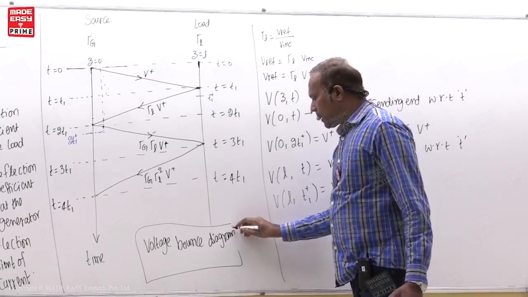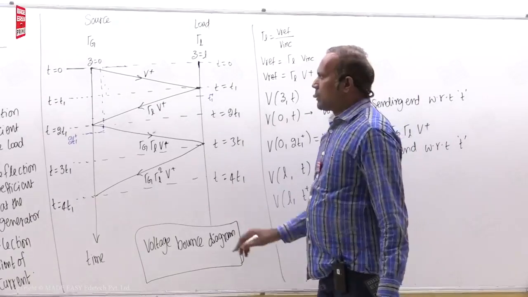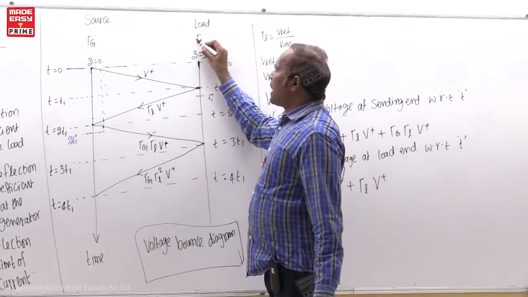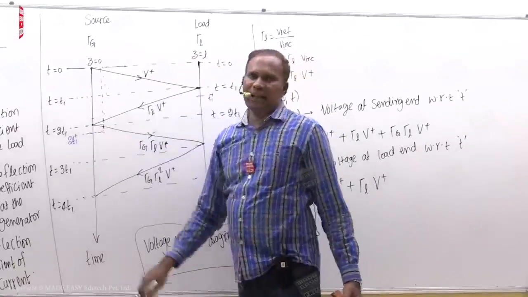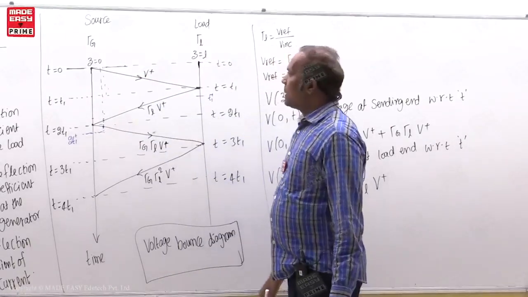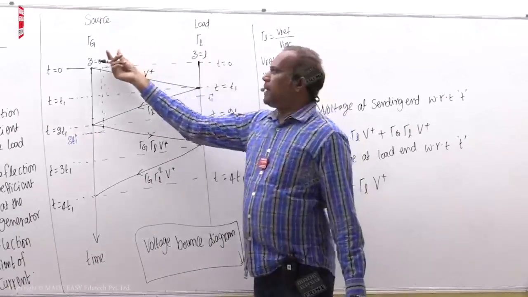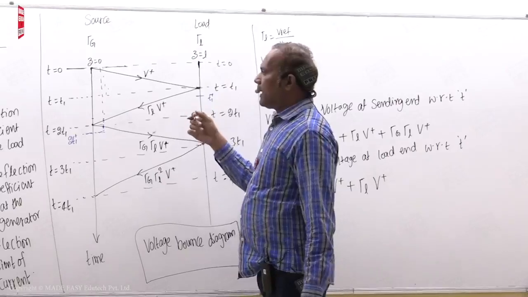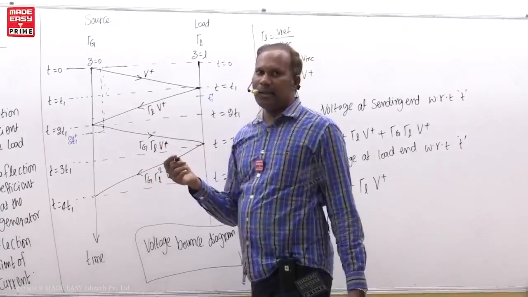And what is the meaning of current bounce diagram, student? So here I plus will be there, and here minus gamma L comes, minus gamma G comes, because for voltages gamma L, gamma G is taken, and for currents, at every reversal, current direction is changed.